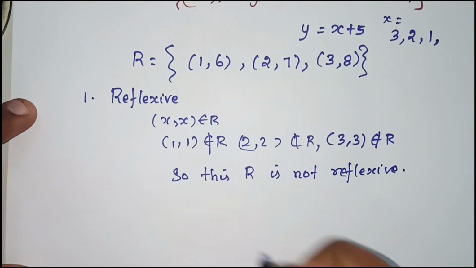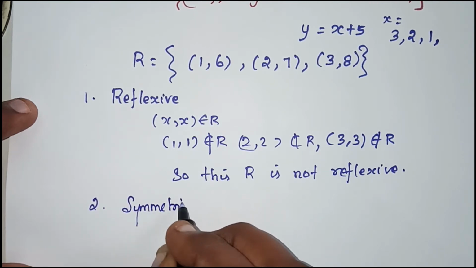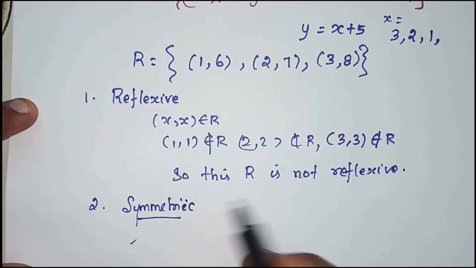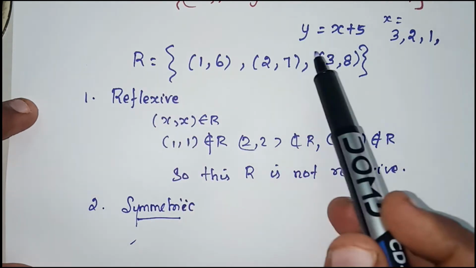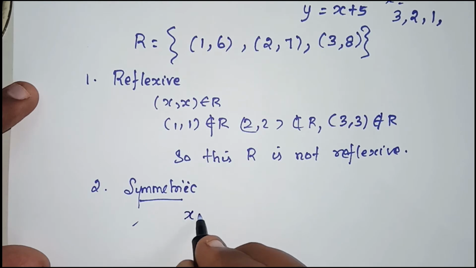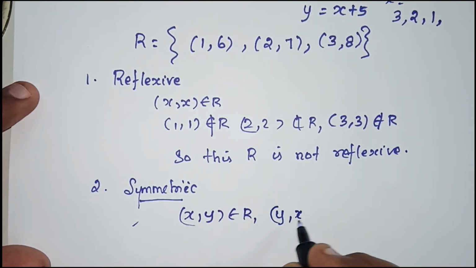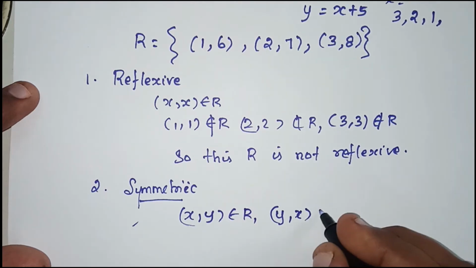Okay, next symmetric property. Just by seeing this relation set it is obvious that it won't be symmetric, because symmetric means x comma y belongs to R means y comma x is also available in the relation.